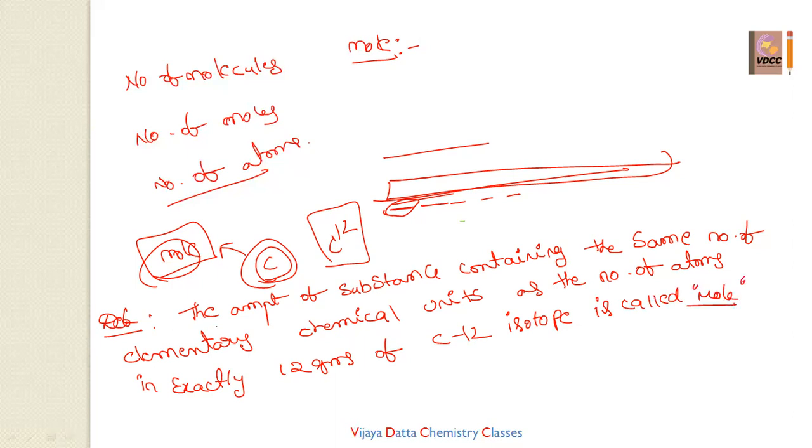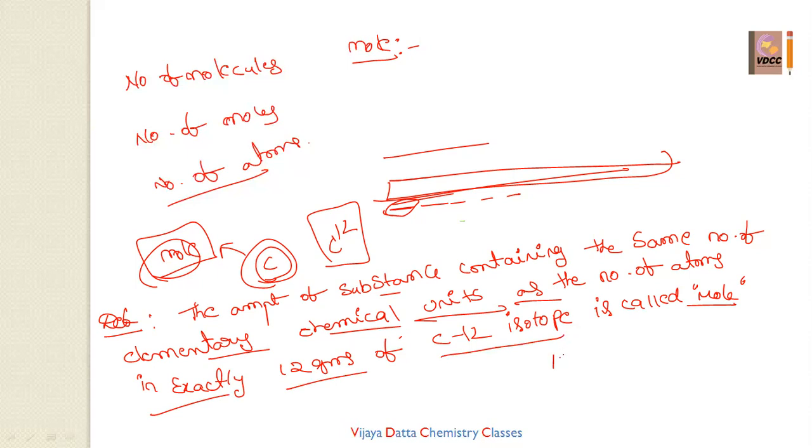So the amount of substance containing the same number of elementary chemical units, which can be atoms or molecules or ions, as the number of atoms in exactly 12 grams of C12 isotope.